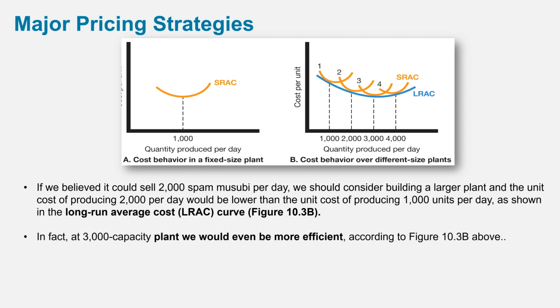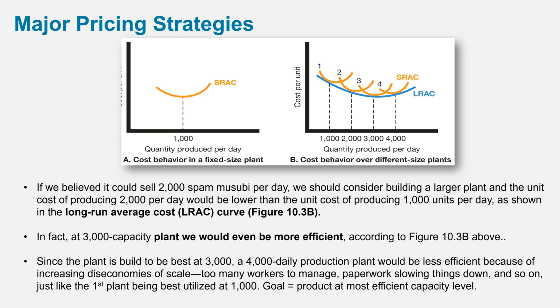That is where we are at the most efficient, and that's the lowest point of the long-term curve. If we go past the 3,000 and head up to 4,000, for example, again we become less efficient, so our long-run average cost, or the LRAC, actually goes up.